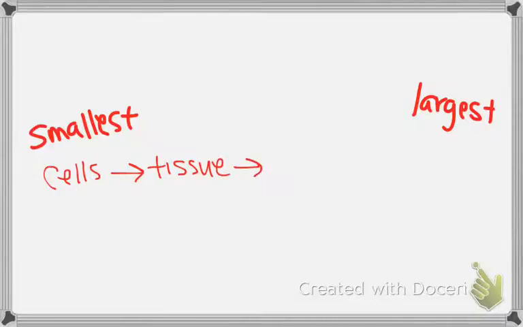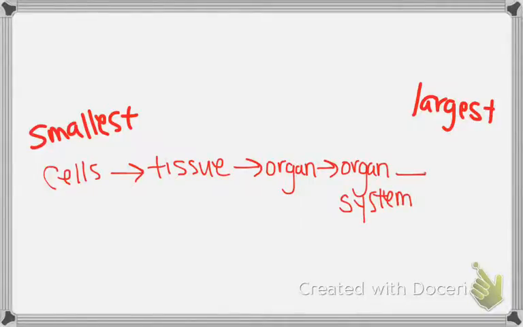A bunch of tissues working together is an organ. A bunch of organs working together is an organ system. Put a bunch of organ systems working together, you get an organism, smallest to largest.